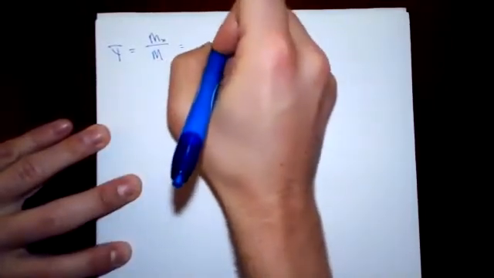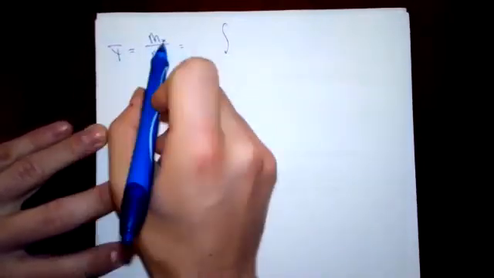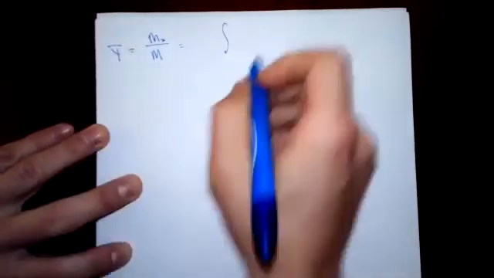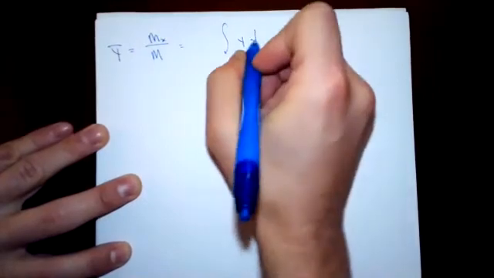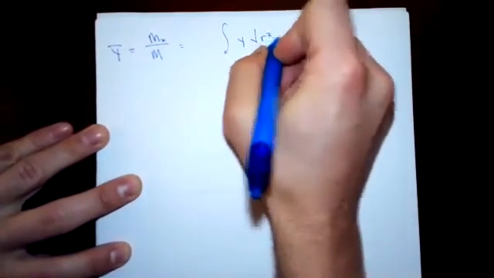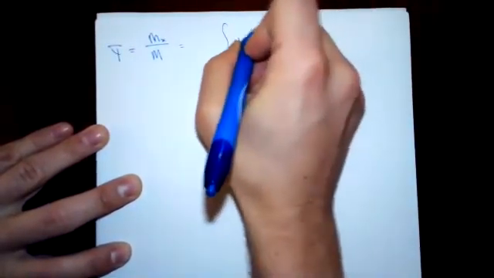And the moment about the x-axis, I know it's a little weird since it's y and x. Just remember, if we're finding the centroid for y, I want to weight the normal mass integral by a y.